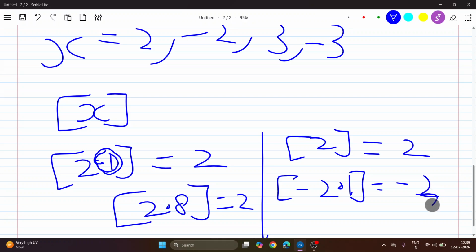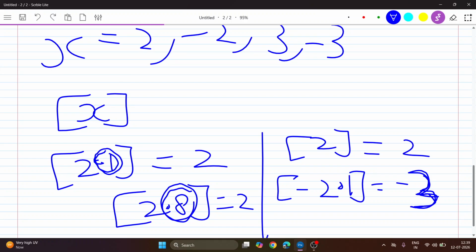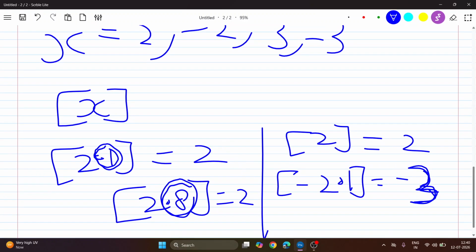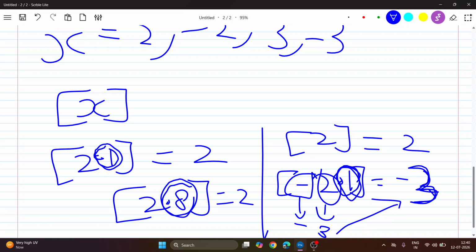Actually, here it's minus. Okay, so here also you eat this part. If there's no decimal part, this point zero, then you don't have to worry. You can just write the same thing. Okay. So now if it's negative, you eat this part and you ignore this part first and add one. If you add one, it will become three, and then you take this part again. So that's what gives you this answer.